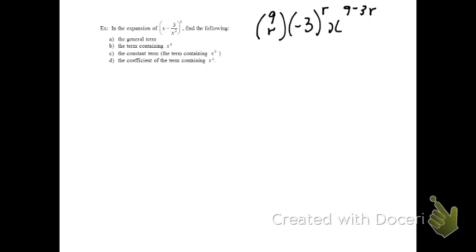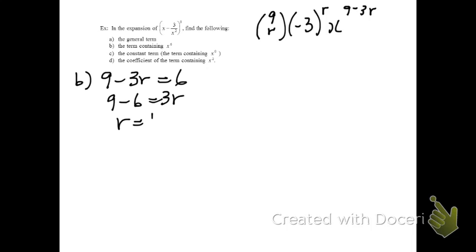Okay? So then question B says, find the term containing x to the power of 6. So that means that we can just take the 9 minus 3r and say, okay, well then it would be the one that will be equal to 6. So rearranging gives us r equals 1. So that means it has to be term 2, right? Because it's term r plus 1.